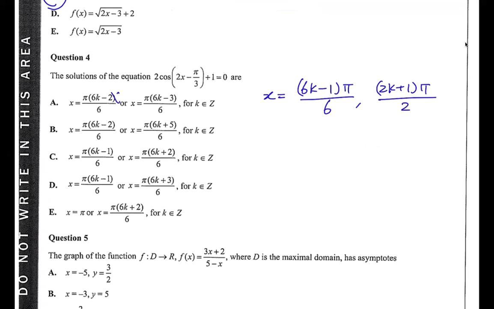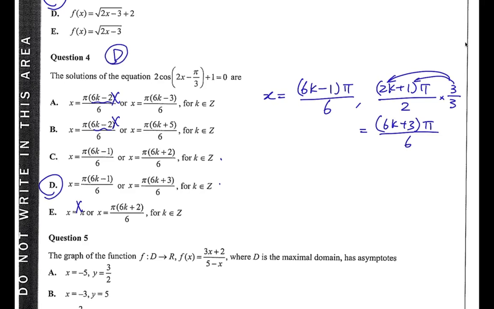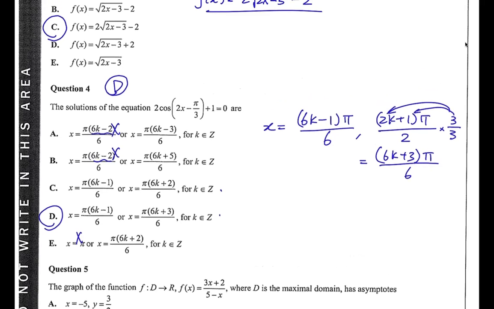Looks like we can't choose these two because they are 6k minus 2, not just x equals pi. So I need to choose between C or D. Which one should be the closest answer? Say if you multiply the second one by 3 over 3, you should get 6k plus 3 times pi over 6. So option D is a feasible answer, okay?